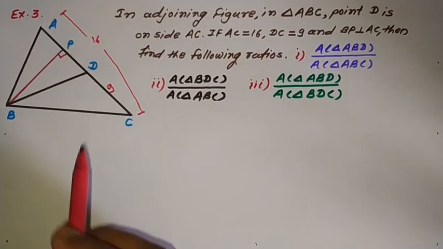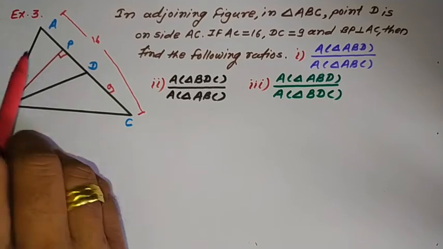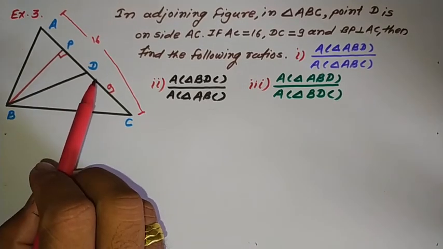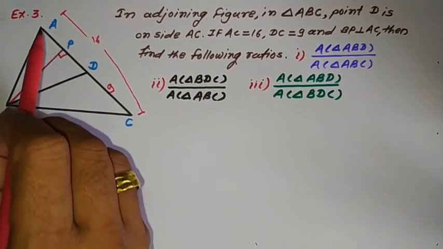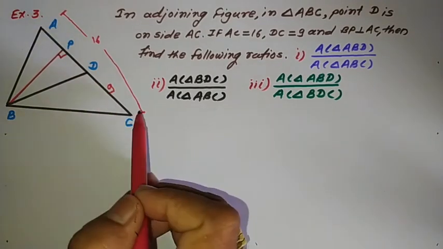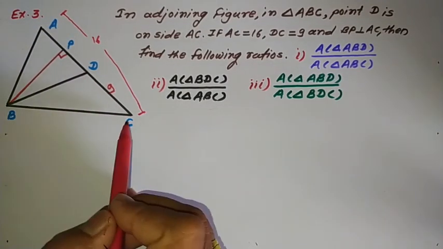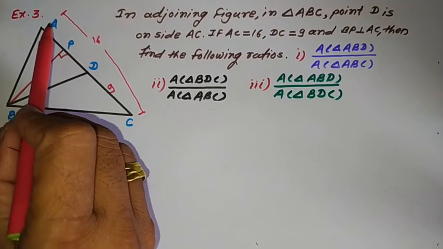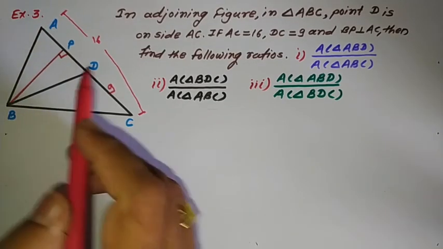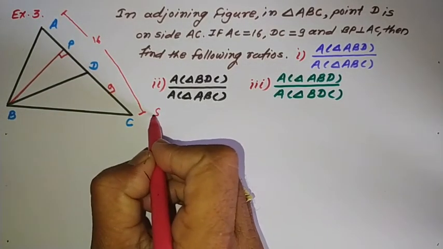Solution. First, find the bases of all the triangles. Triangle ABC has base 16, triangle BDC has base 9, and we find the base of triangle ABD.